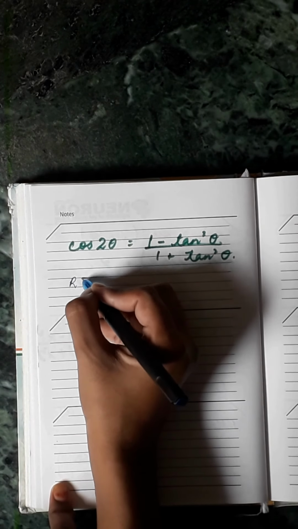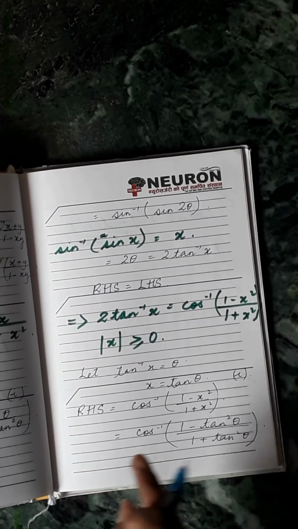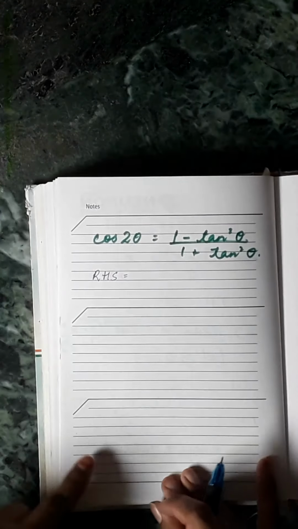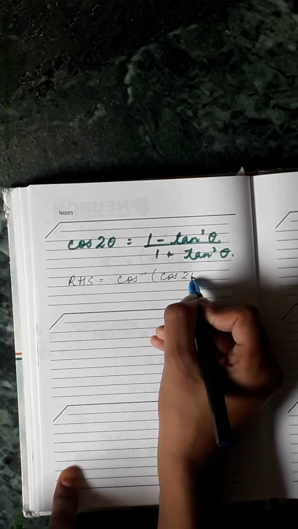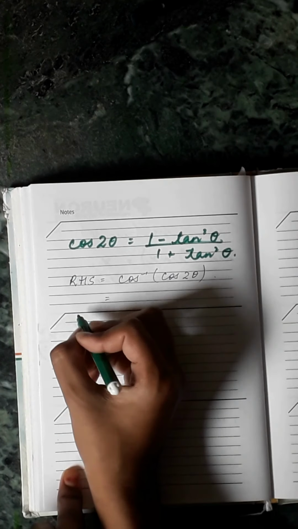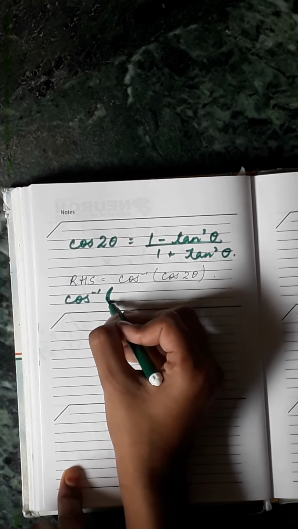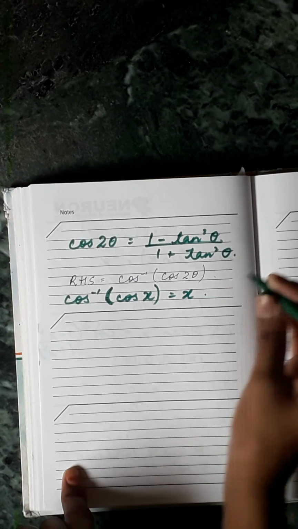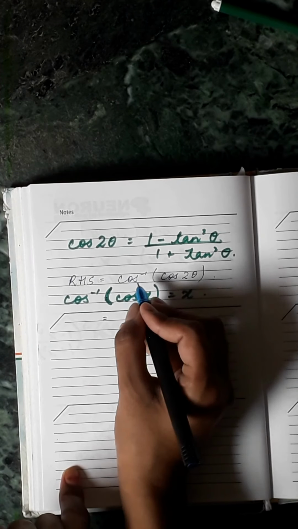So you were solving your RHS, and what has it become now? RHS has become cos inverse, in place of this, cos 2 theta. Cos inverse cos 2 theta. Now again, what you have to do here? This is a property: cos inverse cos x is equal to x. Okay. So RHS is equal to cos inverse cos 2 theta.